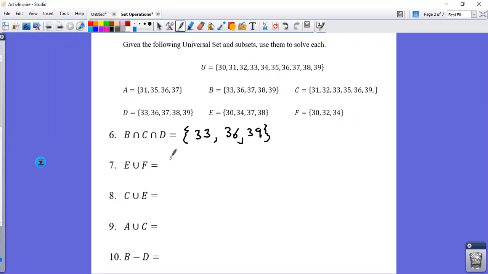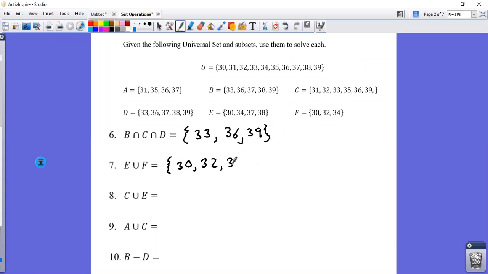Union is combining the 2 sets together. Just don't write anything twice. So if you union E and F, then you would say they both have 30, so just write it once. There's a 32, if you keep them in order, not a 33. And you can look at your universal set to see what could be there.